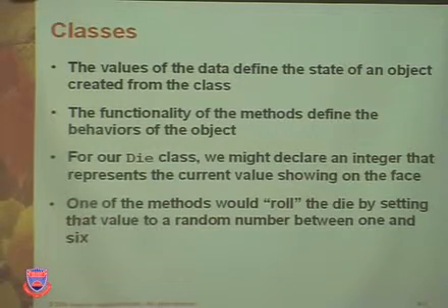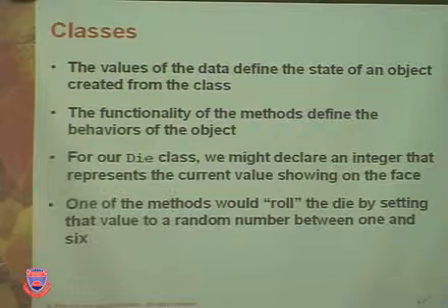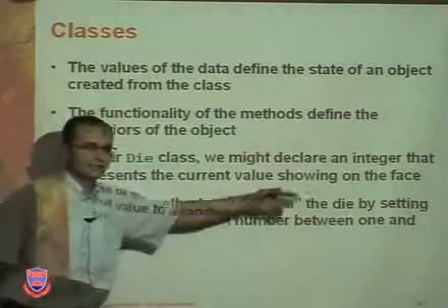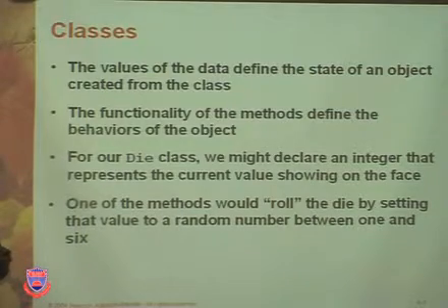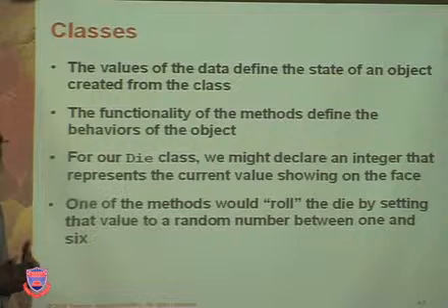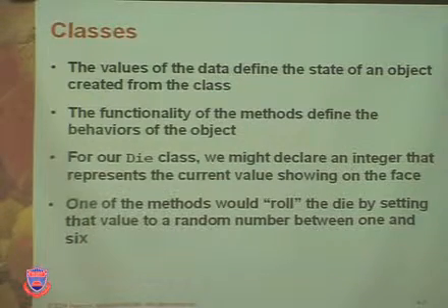Whatever is defined in my class. If you look at the die class, we have an integer that we can use to define the current state, the face value. And for the behavior, we can have a roll method which is going to just generate a random number for rolling the dice, right? So those are the two things that we can do.